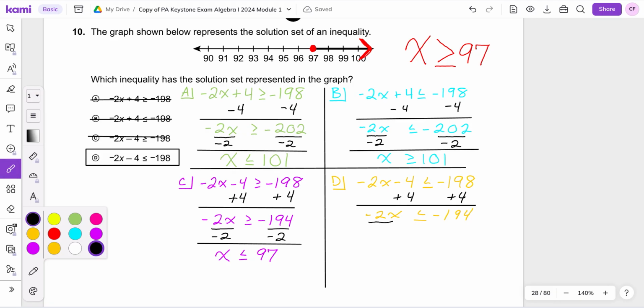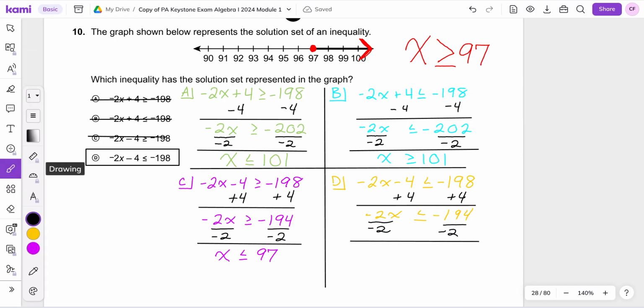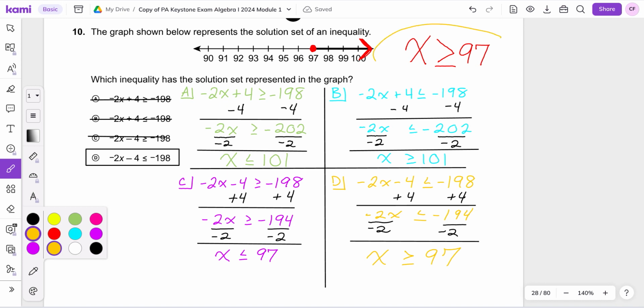Divide everything by negative 2. Dividing by the negative flips the inequality sign. And we get x greater than or equal to 97, which matches what we had up top. And that gives us D as the correct answer.